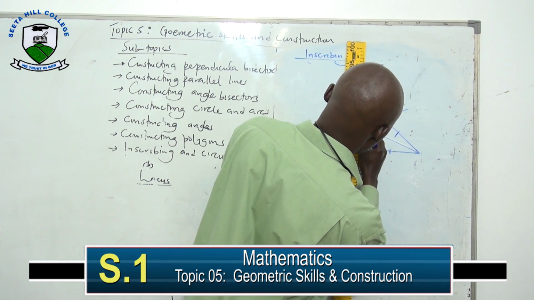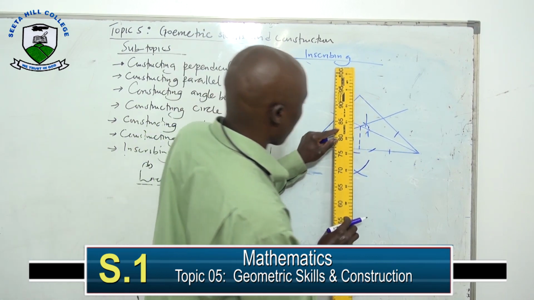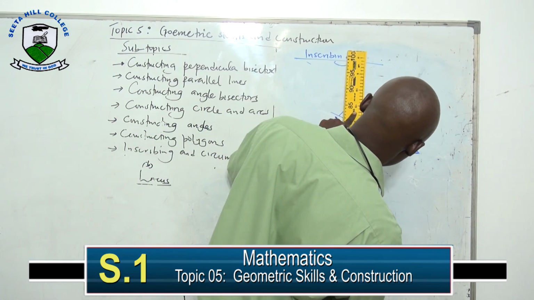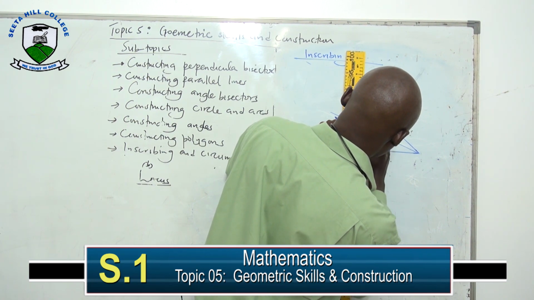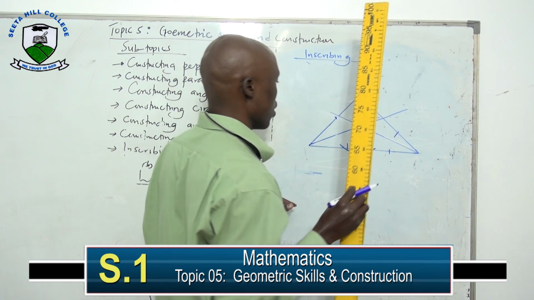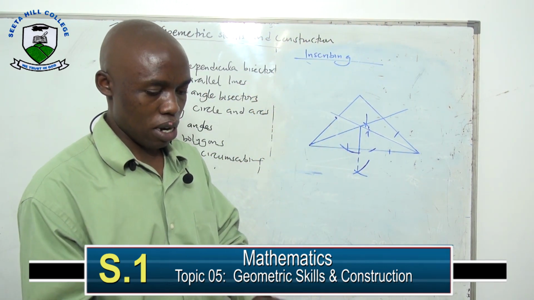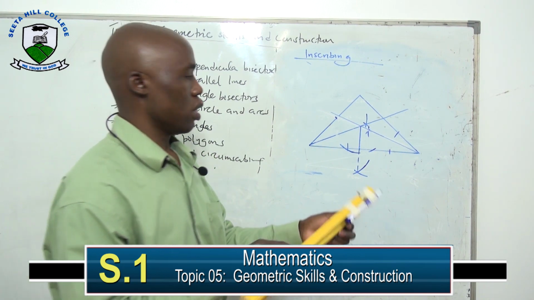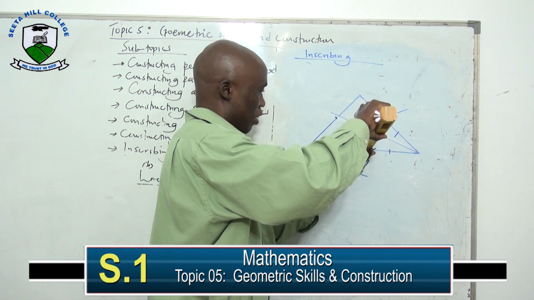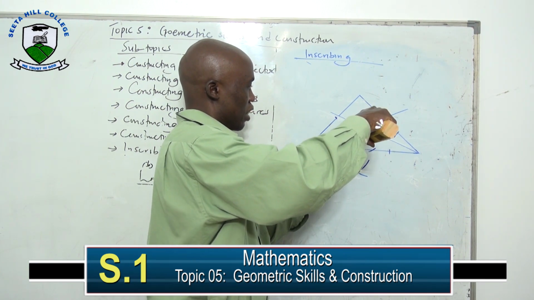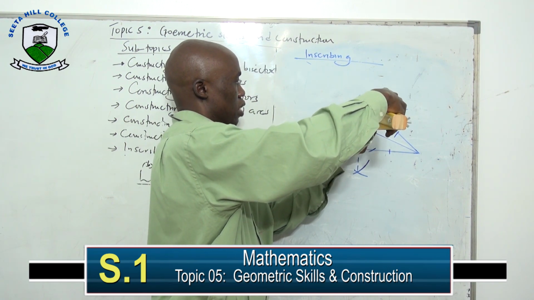Then that will be the radius of your circle. Now you can locate there and know that my circle will be touching here where your radius is. Then you can rotate it, it will be neat there.